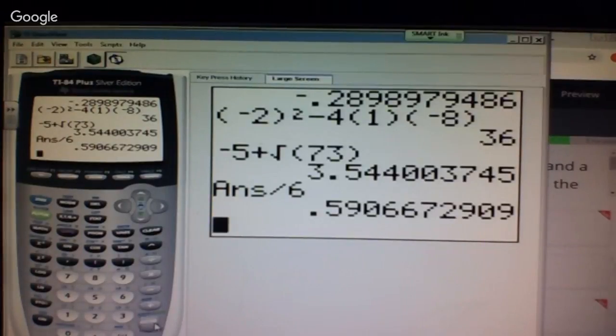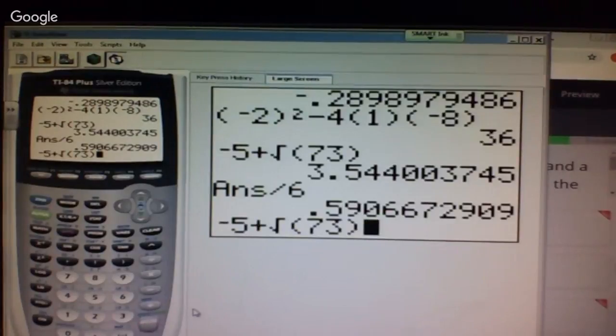Okay, so who wants a fast trick? Instead of going back and plugging in negative 5 minus, I want you to hit second enter and then second enter again. Look what pops up. Or you can press up twice and it equals. Now all you have to do is scroll over to the plus sign and change it to a minus.